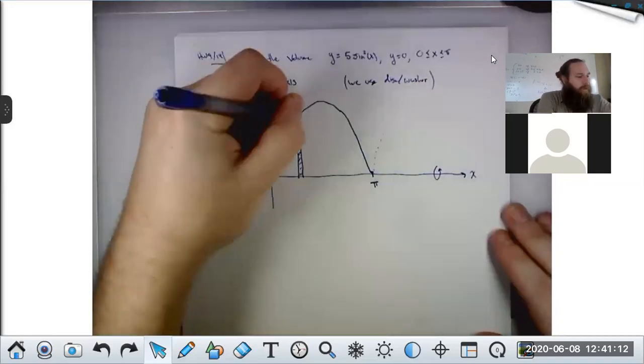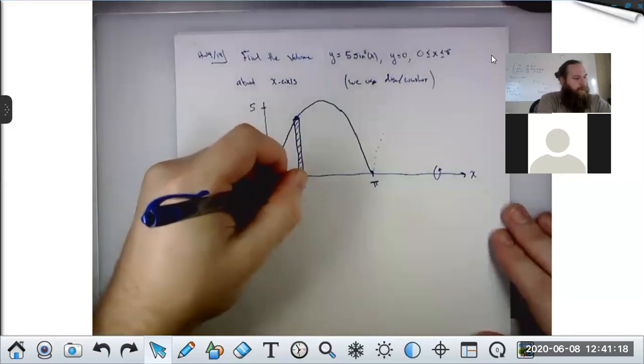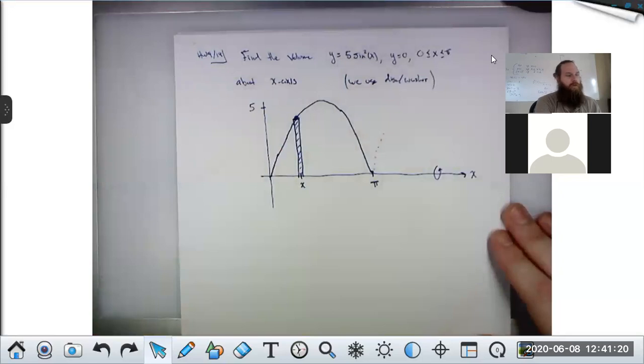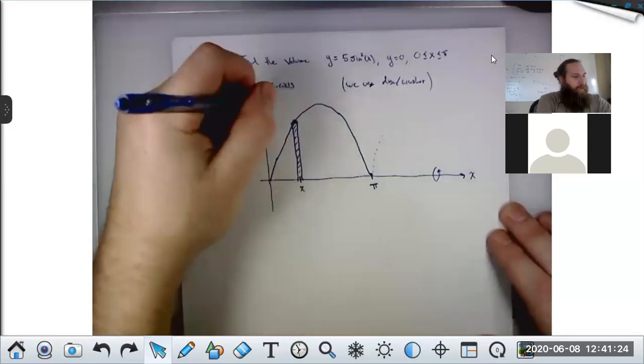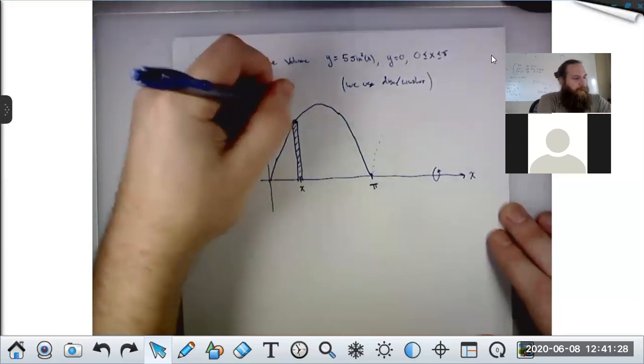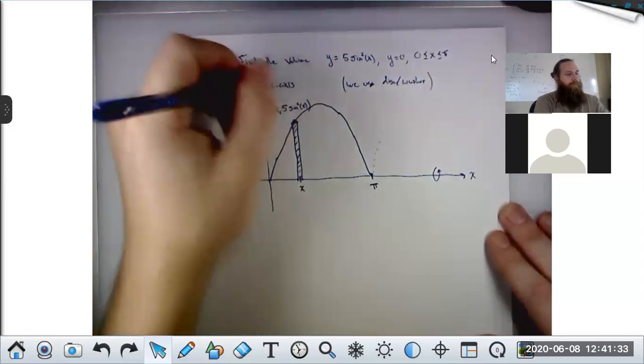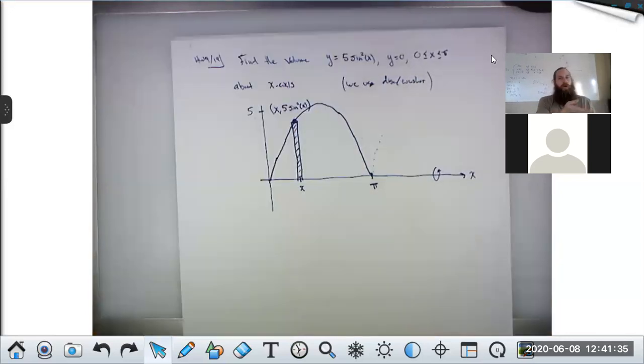I do need to characterize this point. Remember, I always think of this thing as occurring at an arbitrary x value that I just call x. Its thickness is, of course, a dx thickness. And that means this point up here is (x, 5 sine squared x), because I'm on the graph, y equals 5 sine squared x.